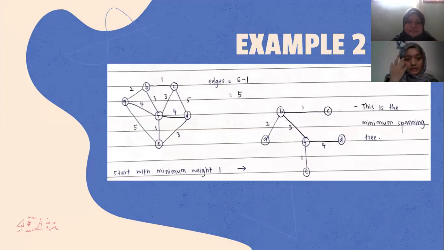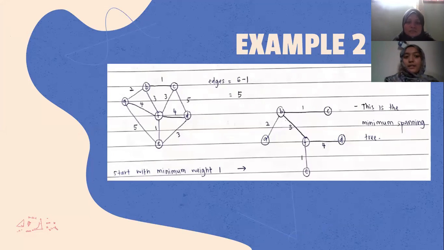Okay, the second example shows a total of 6 vertices. So the minimum number of edges should be only 5 if we follow the formula.